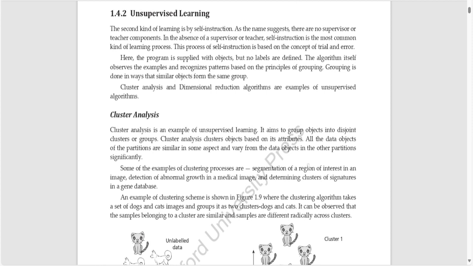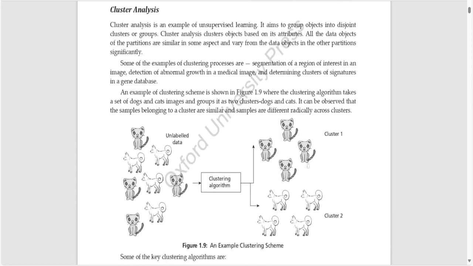Suppose again we take this example, cat and dog. We'll take the example of eyes again. A cat has bigger eyes and a dog has smaller eyes. Now we distinguish between the objects. All the images which have bigger eyes will go in cluster 1, and all the images which have smaller eyes will go to cluster 2.